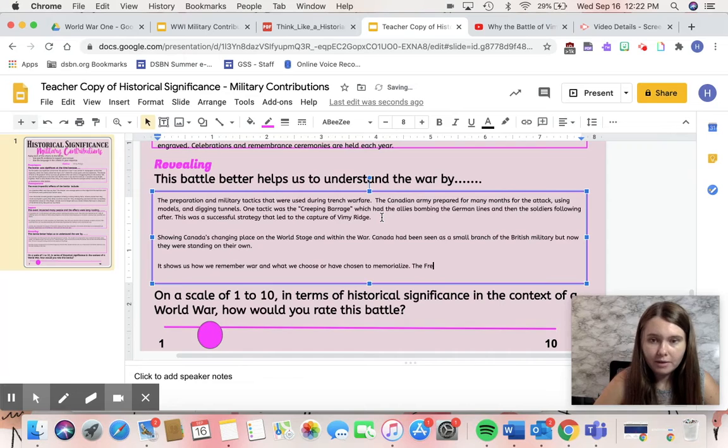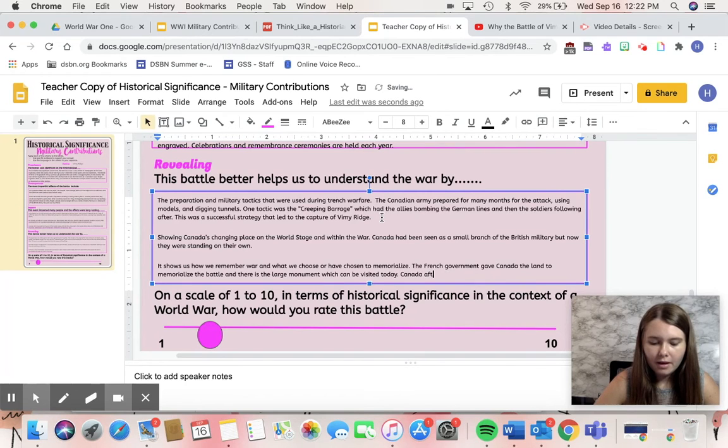The French government gave Canada the land to memorialize the battle, and there is the large monument which can be visited today.